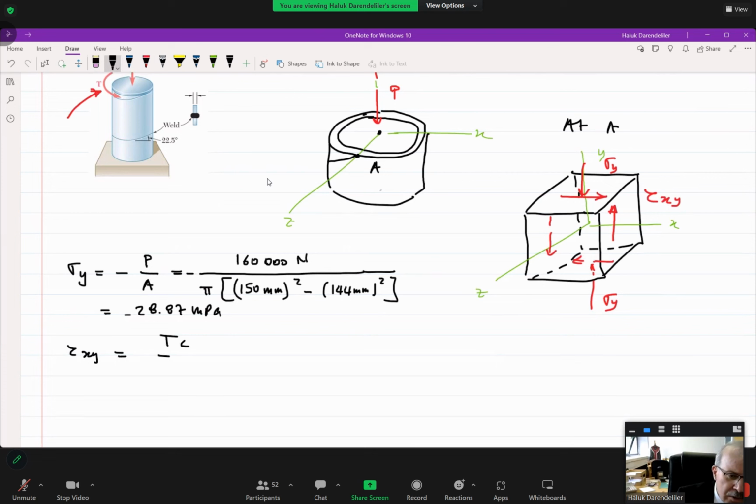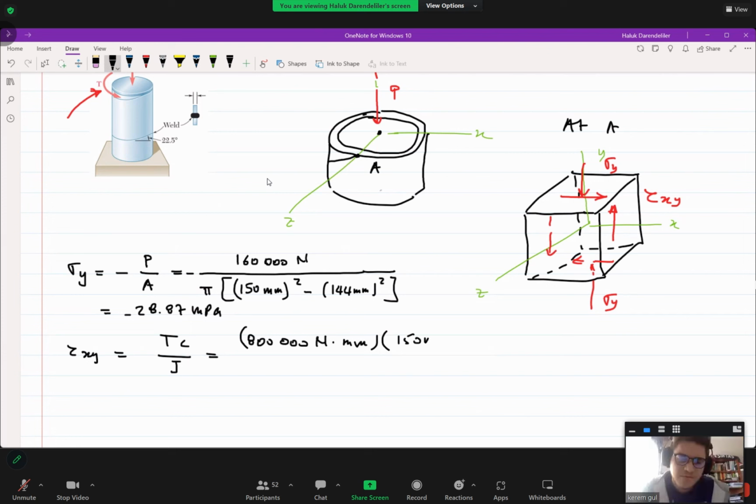T C over J. J, good. Torque is equal to 800,000 newton millimeters. Okay. C is the radius, which is equal to 150.